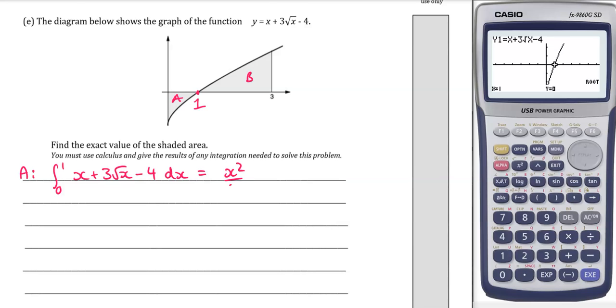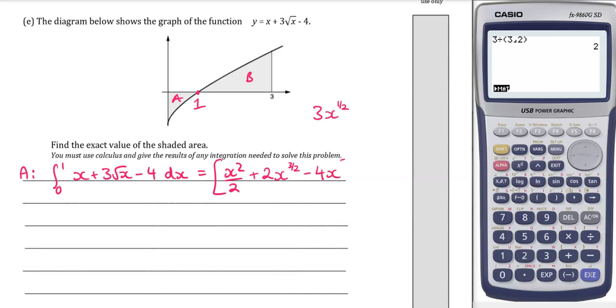So it'll be x squared over 2. 3 root x is the same as 3x to the half. So if we increase that power by 1, we'll get 3 over 2. 3 divided by 3 over 2 is then 2. So it'll be plus 2 minus 4x.